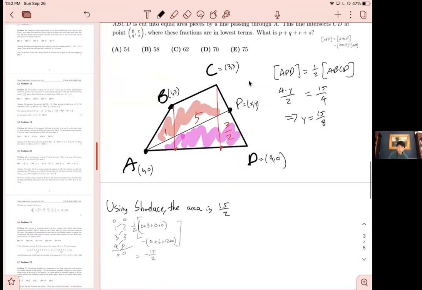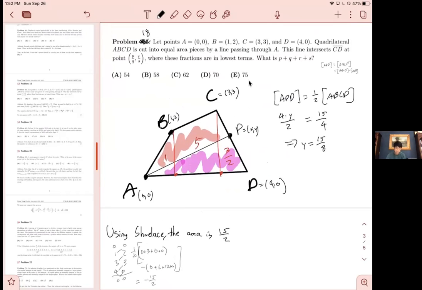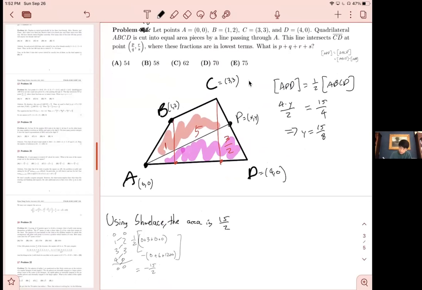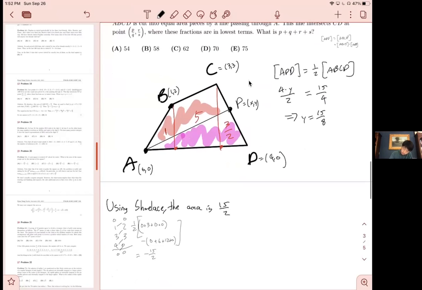So yeah, now we have the y coordinate of P, and we also know that it lies on CD, so we can solve for x. And then we'll just take this p plus q plus r plus s nonsense. Yeah, so line CD has equation y equals negative 3x plus 12, the slope negative 3.